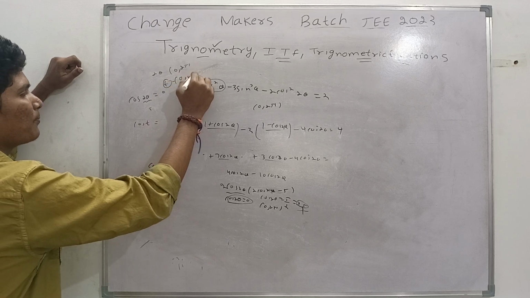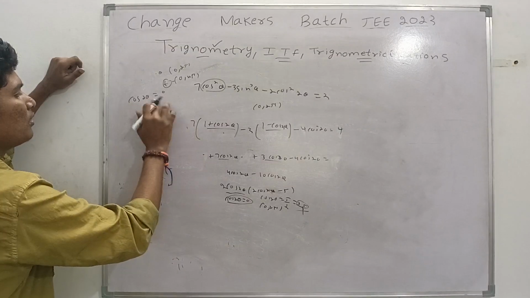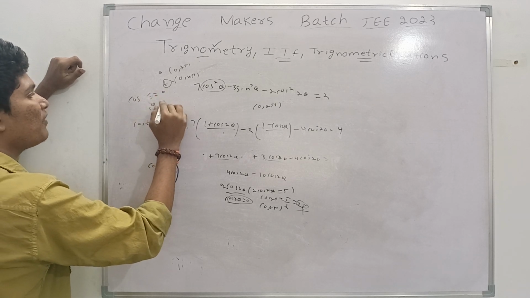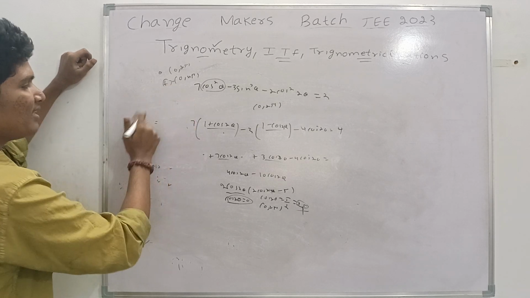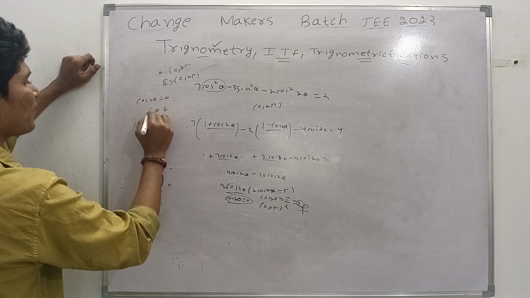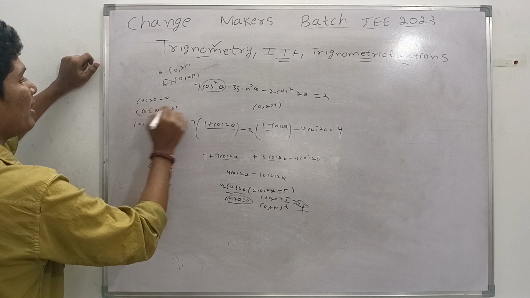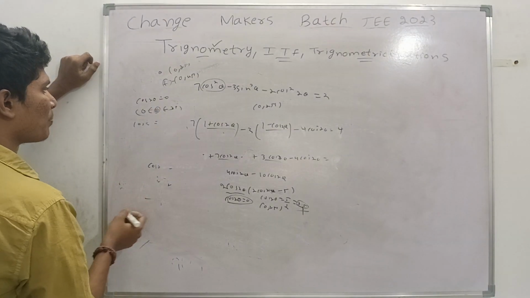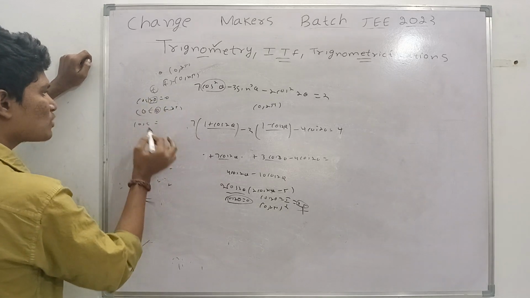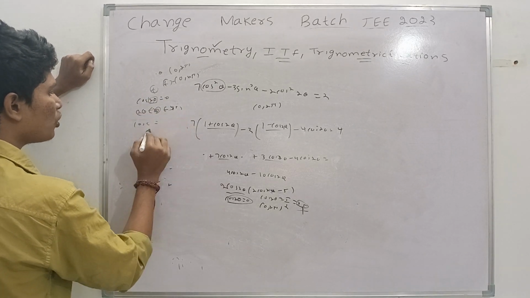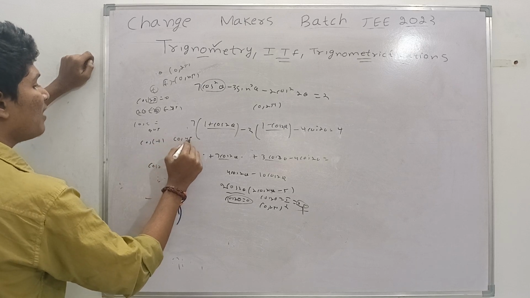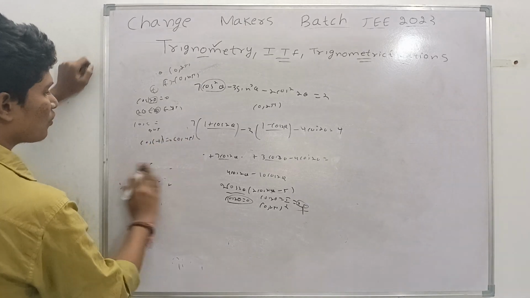Theta is moving from 0 to 2 pi, so 2 theta, that is t, is going from 0 to 4 pi. So cos t is going from 0 to 4 pi.